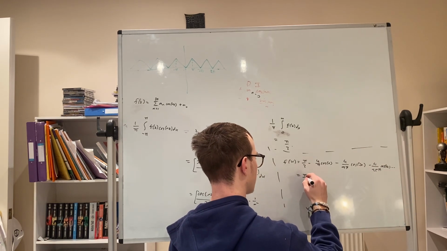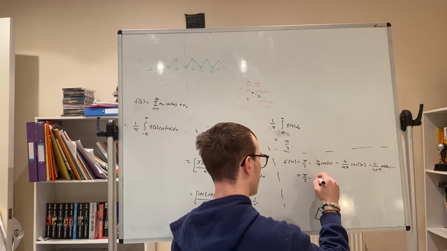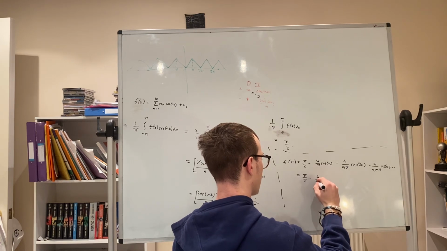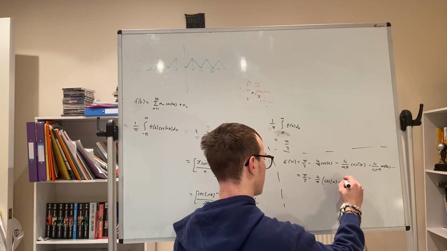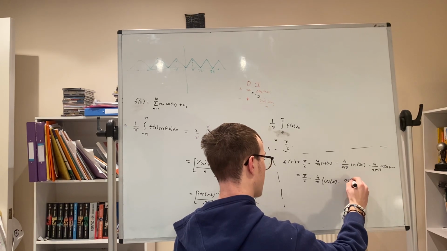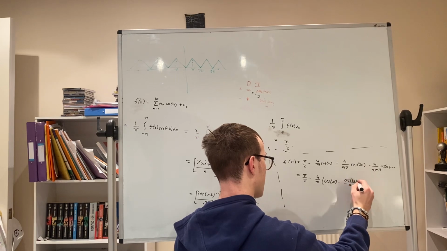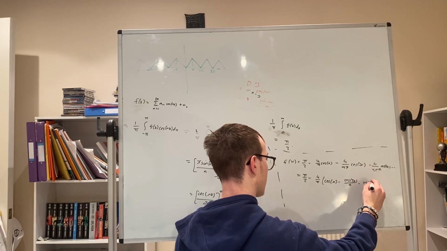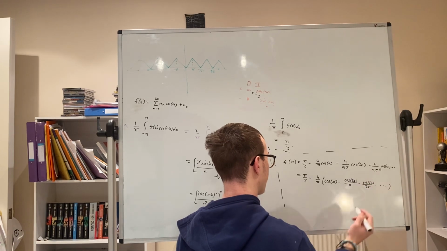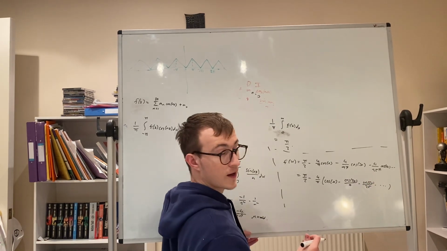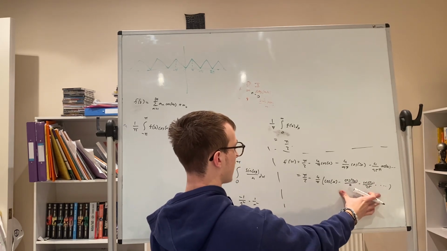This is equal to, if we just factor out the 4 over pi, pi over 2 minus 4 over pi times cosine x minus cosine of 3x over 9 minus cosine 5x over 25 minus and so on. Now, good.